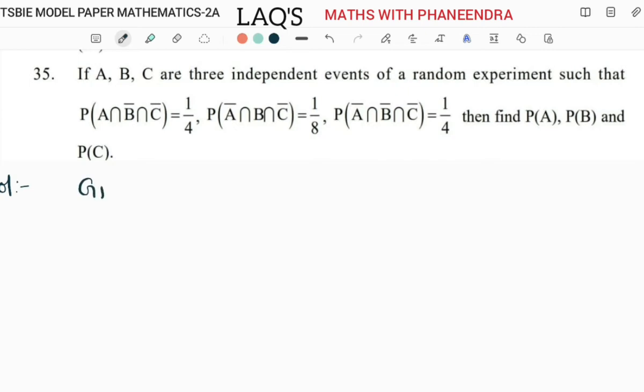Given that A, B, C are independent events.